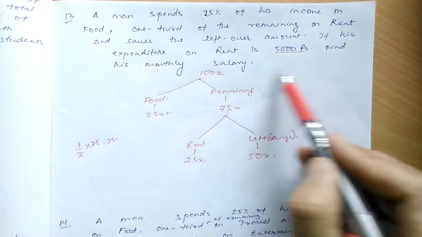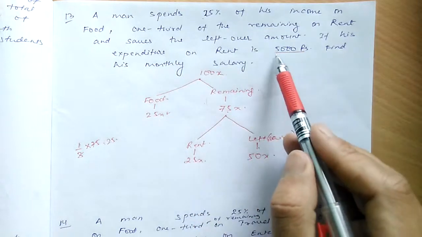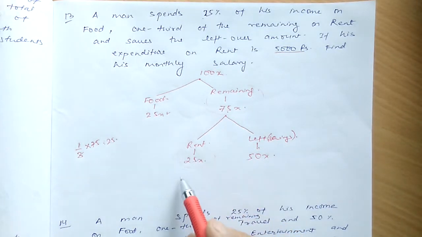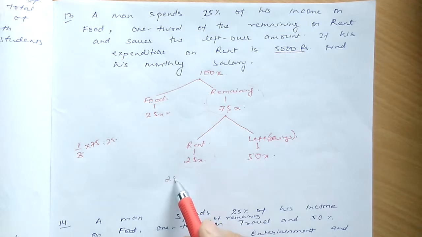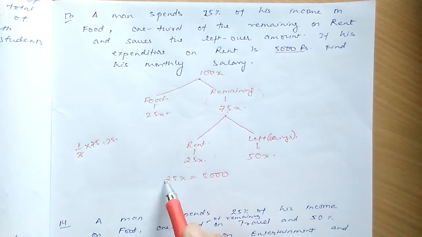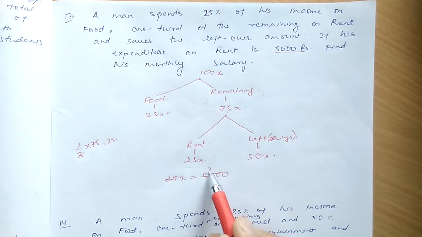If his expenditure on rent is 5,000 rupees, this amount is equal to 5,000 rupees according to the question. So we'll make an equation. 25x is equal to 5,000 rupees. So 25 into 2 is 50 and 200. Therefore x is equal to 200.